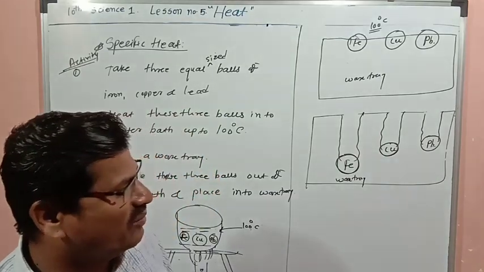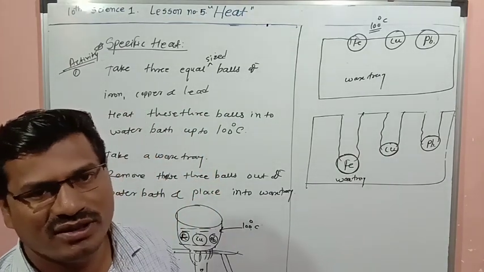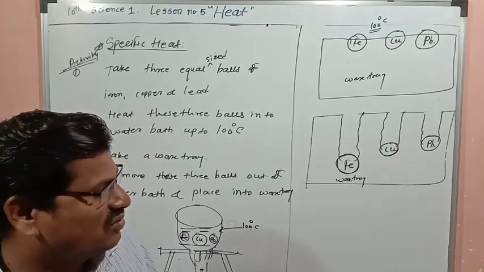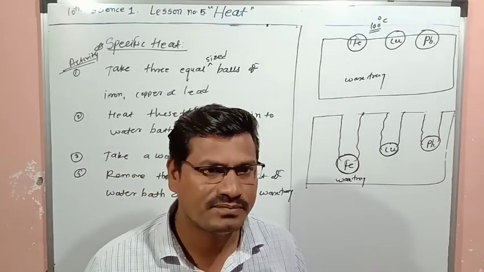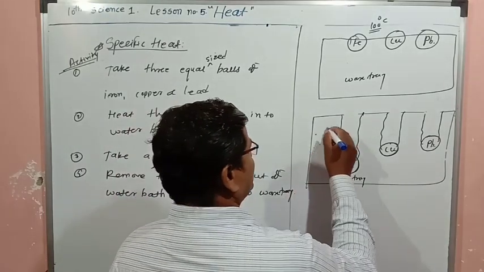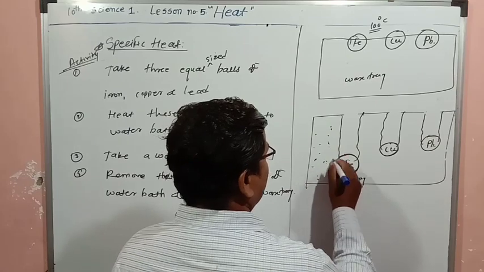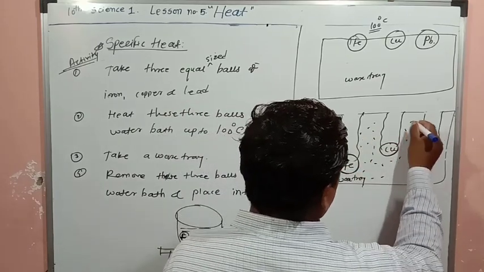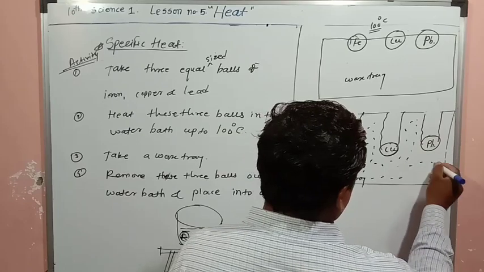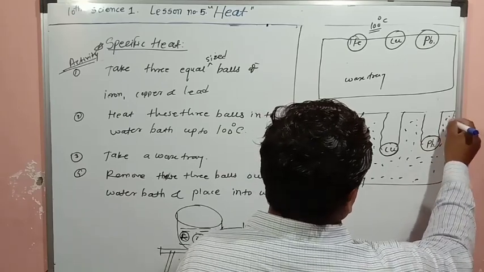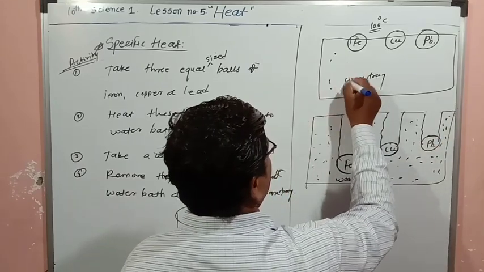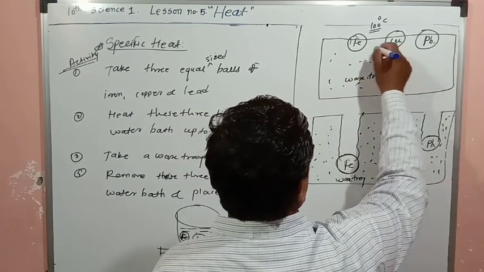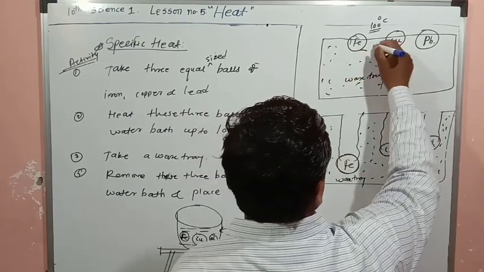So why is it happening? This reason we have to find out. Here the initial temperature of the 3 is equal, but the heat absorbed by these 3 balls is different.